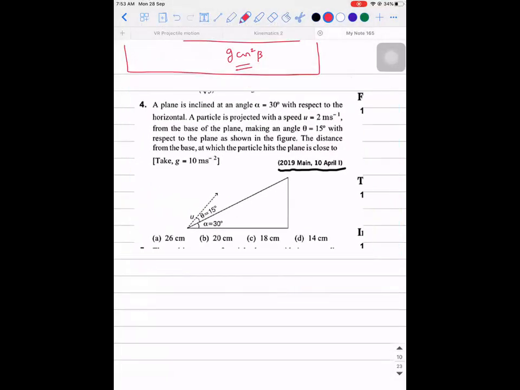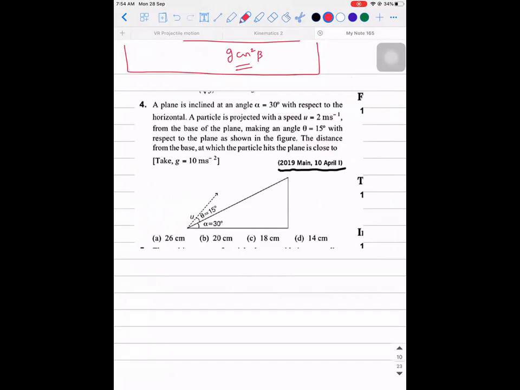If a plane is inclined at an angle alpha equal to 30 degrees with respect to the horizontal, a particle is projected with a speed u equal to 2 meters per second from the base of the plane, making an angle theta equal to 15 degrees with respect to the plane. The distance from the base at which the particle hits the plane is close to.